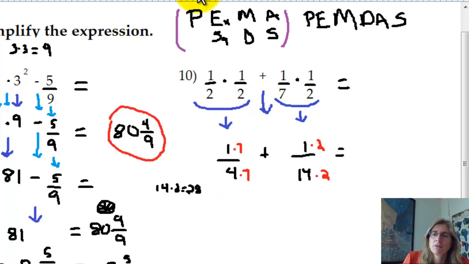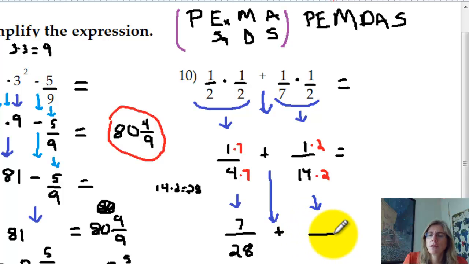So that makes this one four times 7 is 28. 1 times 7 is 7. Make sure you're carrying down that plus sign. And 14 times 2 is 28. 1 times 2 is 2.